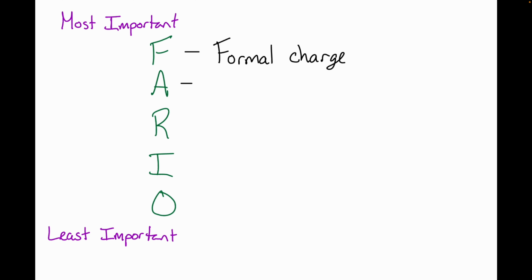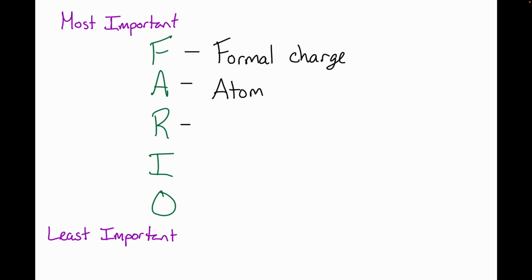If that's a tie, if we're comparing 2 acids and they both have the same formal charge, then we go down the line. The next thing, the A, stands for which atom is donating that hydrogen. It turns out that certain elements like chlorine are better at donating hydrogens than, say, oxygen. So the atom donating that hydrogen is important.